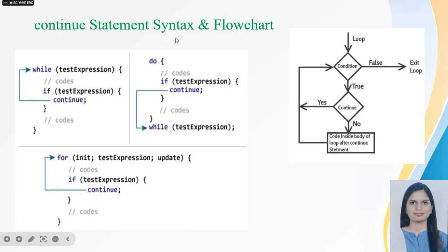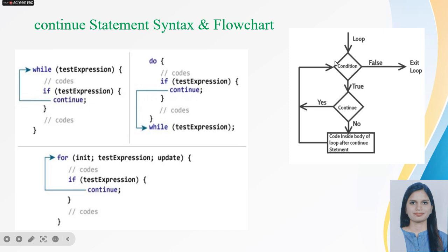Continue statement syntax and flowchart. Syntax: while test expression, if test expression, continue. Do, if test expression, continue, while test expression. For init expression, test expression, update, if test expression, continue.